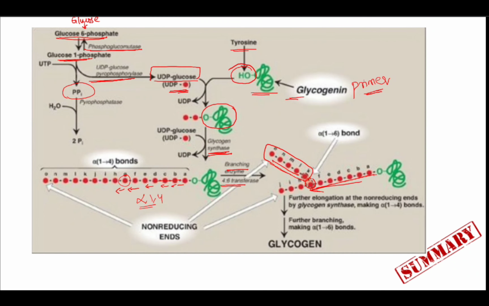Once a linear chain of 7 to 8 units is formed, a few units serve as a branch, and the branching enzyme, 1,4 to 1,6 transferase, will transfer these units to the branch point, and the branched bond is an alpha 1,6 bond. Further elongation at the non-reducing end by glycogen synthase making alpha 1,4 bonds continues, and further branching also continues to form a highly branched structure called glycogen.